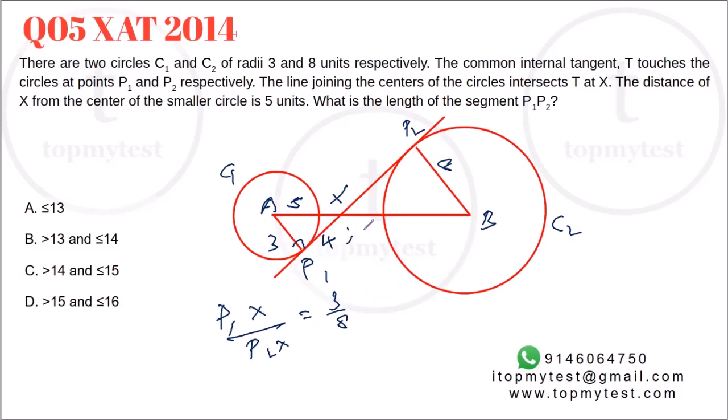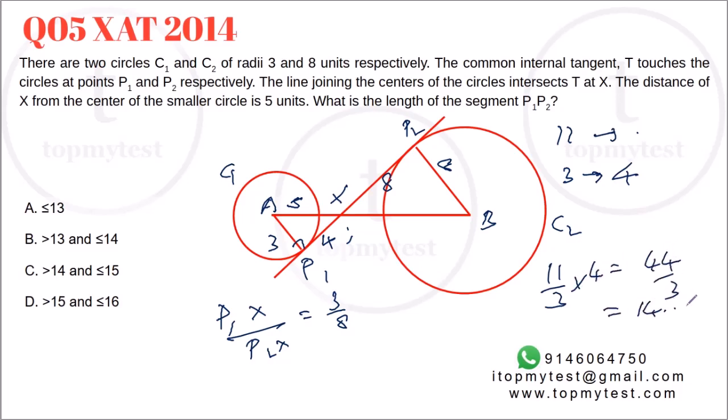So if this is 3 portions, this will be 8 portions. The full length will be 11 portions. 3 portions relate to 4. What will 11 portions be relating to? 11 by 3 of 4. That's 44 by 3. That's between 14 and 15. Option C is your correct choice. Under 2 minutes in an exam situation once you draw this diagram.